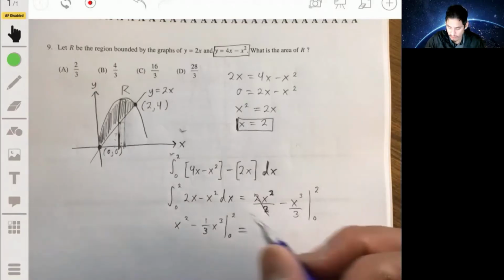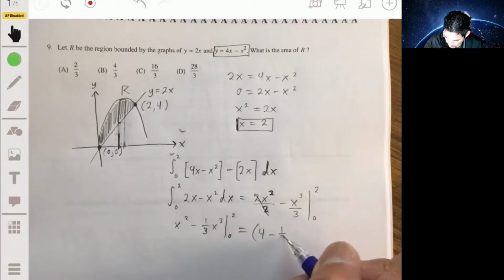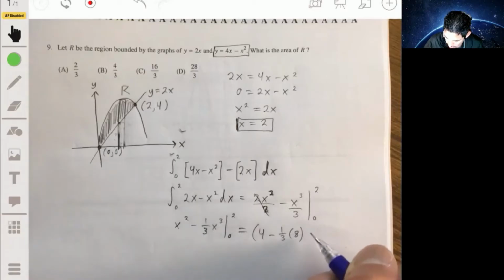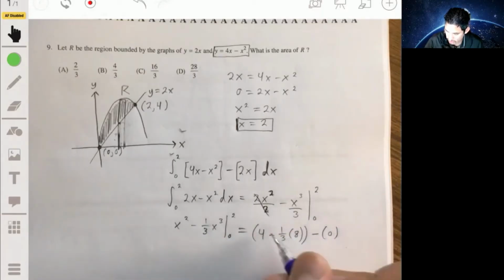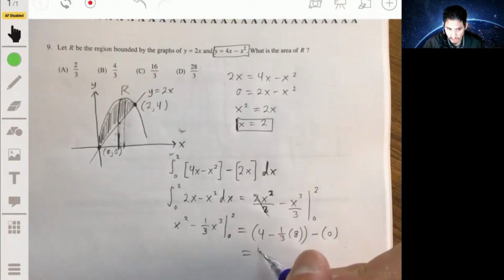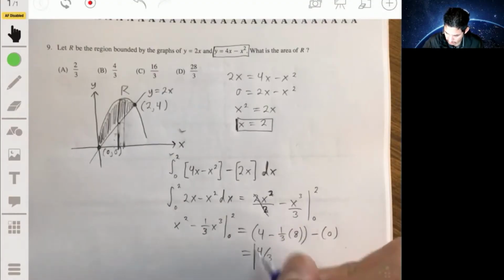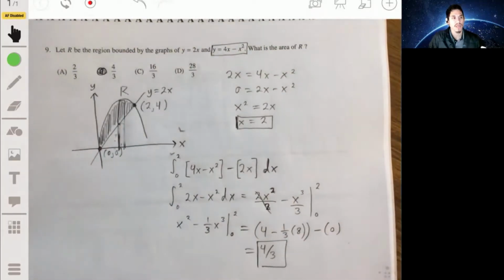Then we just plug in 2 first. We'll get 4 minus 1/3 times 2 cubed, or 1/3 times 8. Plug in 0, and it's just going to be taken away 0. So 4 minus 8/3, that'll just be 12/3 minus 8/3. So you'll just get 4/3. And so your answer will be B.